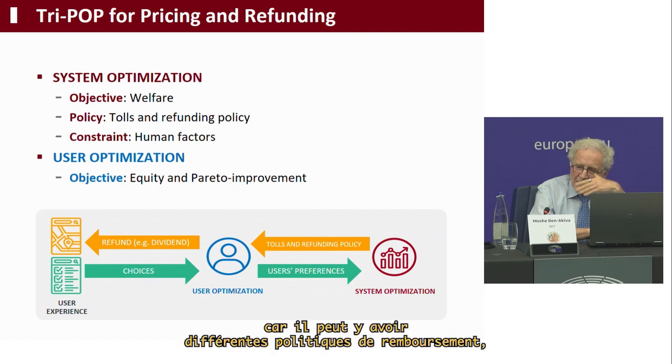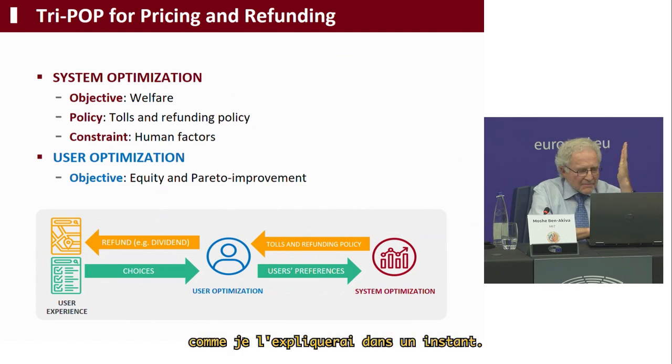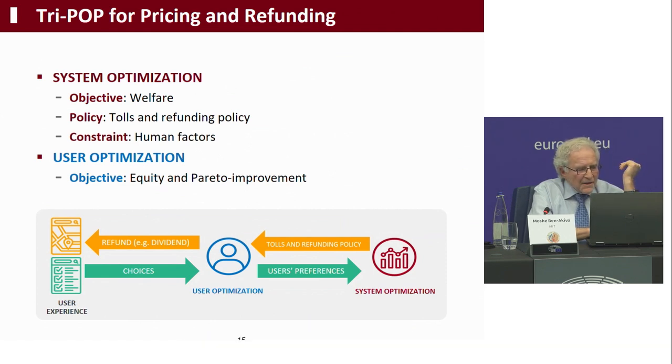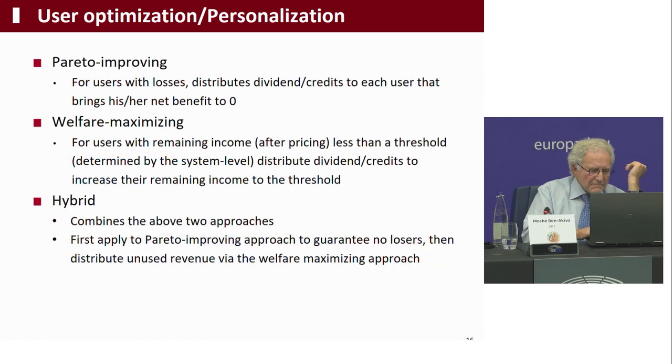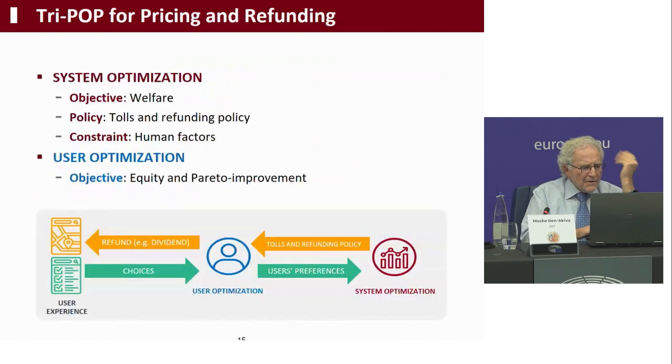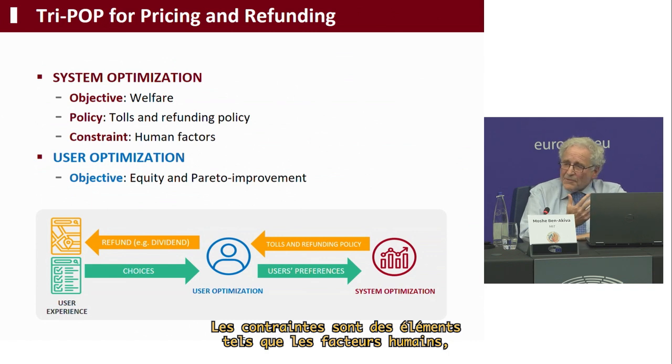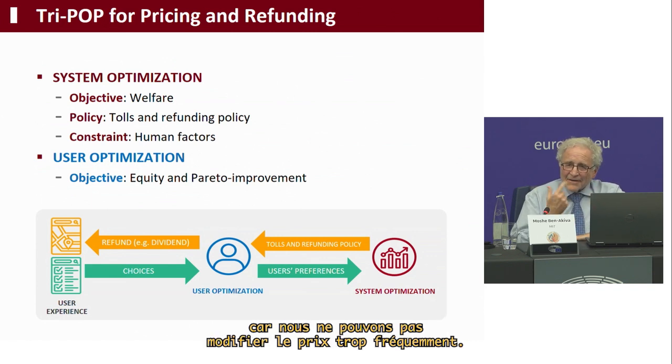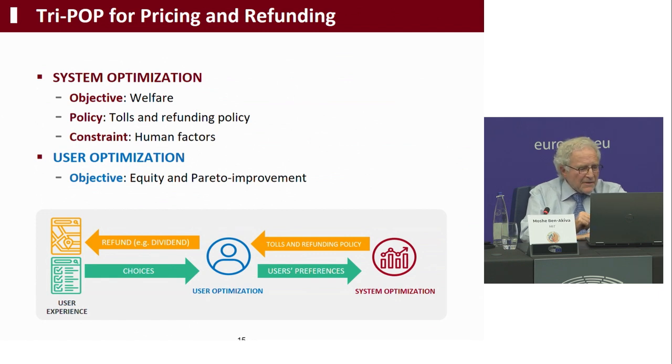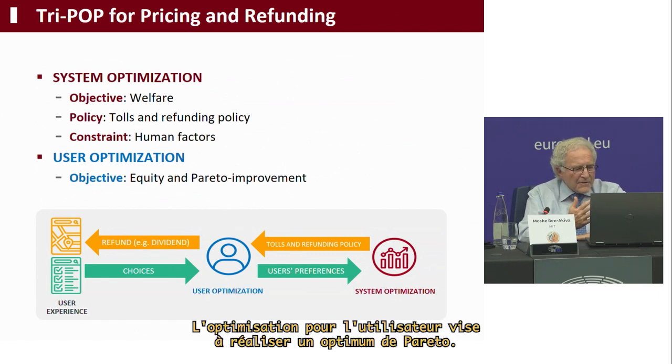There can be different refunding policies, as I'll explain in a moment. And there are constraints. The constraints are things like human factors, because we cannot change the price too frequently. The user optimization is to achieve Pareto improvement.